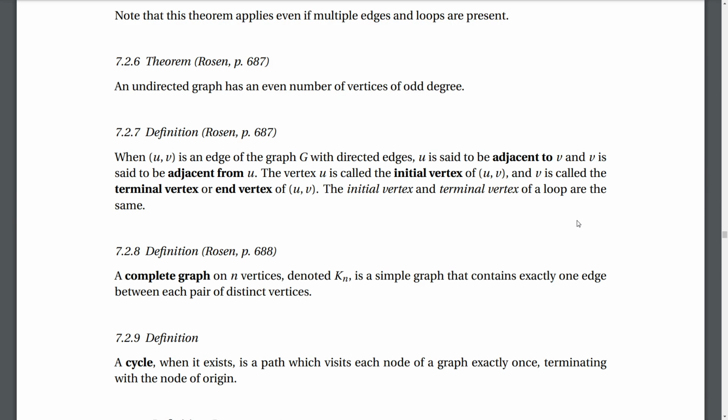That's essentially all that it's saying: you can take a vertex with odd degree and make it even by adding some other edge, but by doing so you are either making some other vertex of odd degree now even, or you're passing the buck, right? You're kicking the can down the road.